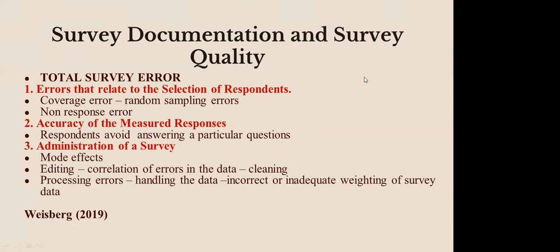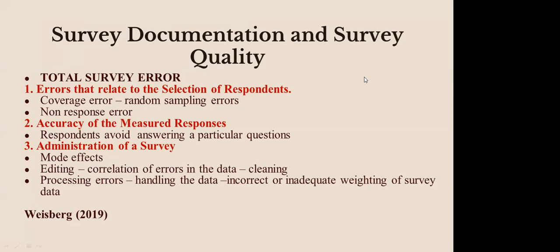Another area is the accuracy of the measured responses. That's the second category. Item non-response error, a word accurately used by Wisberg, arises when respondents selectively avoid answering a particular question. For example, your survey consists of 50 questions, and some people don't like to answer certain questions.